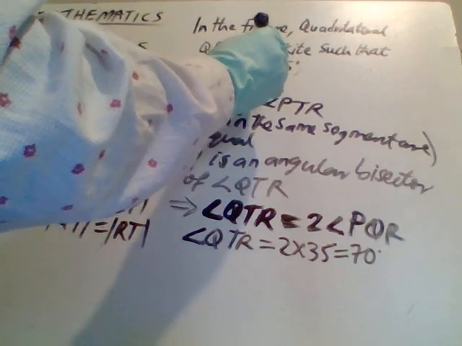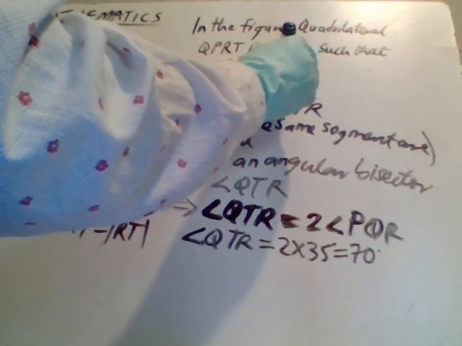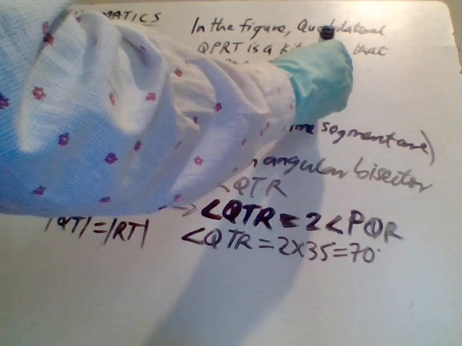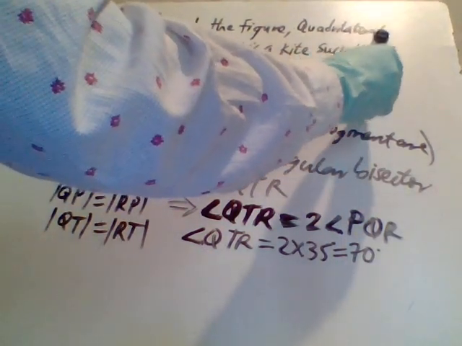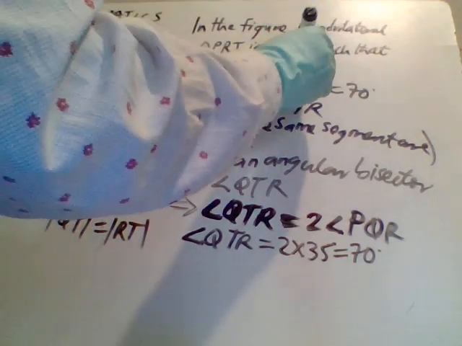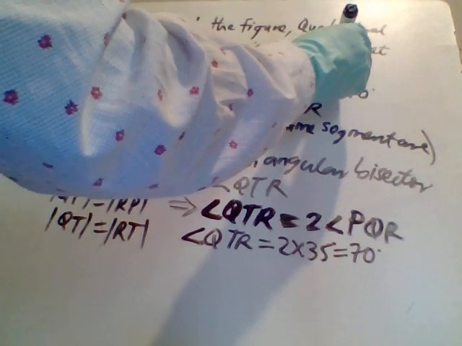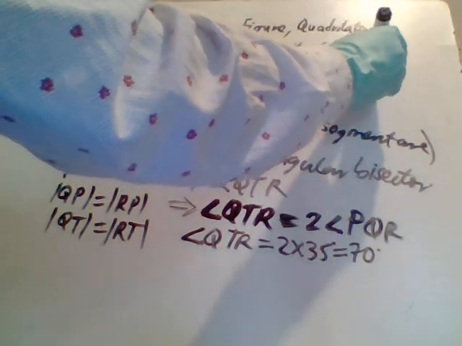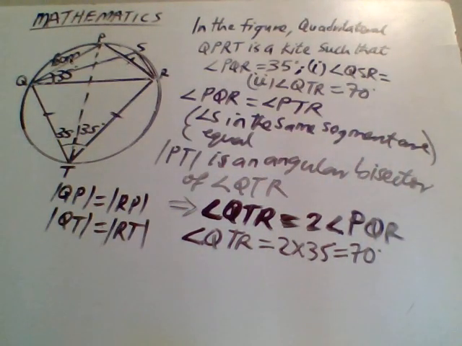So angle QTR is equals to 70 degrees. So the next is to find the first question. The first question is find angle QSR. So that is what we are to find now.